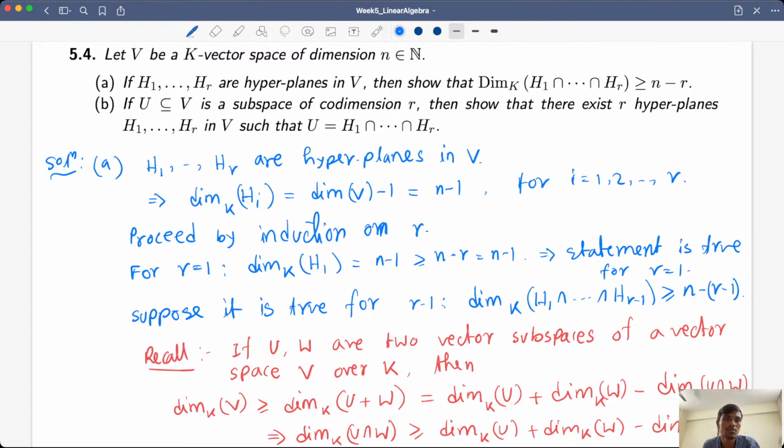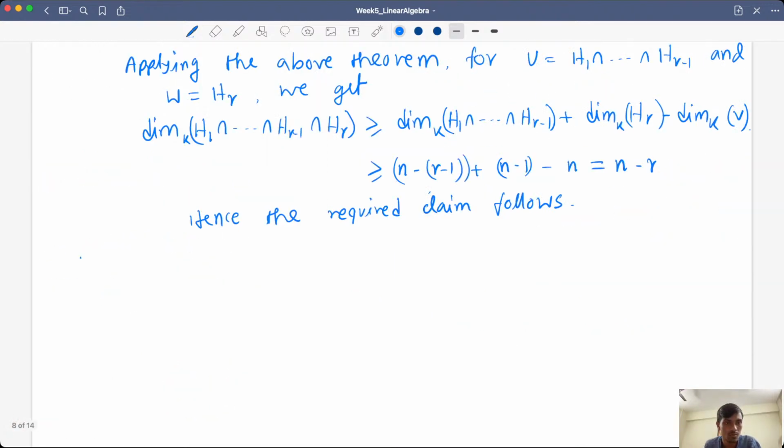And in this case your given U has exactly dimension n minus r, because of codimension r. So you somehow need to guarantee that this dimension is exactly n minus r and it also contains U. That thing is again like an extension theorem kind of thing we can use. Okay, so let's put that.